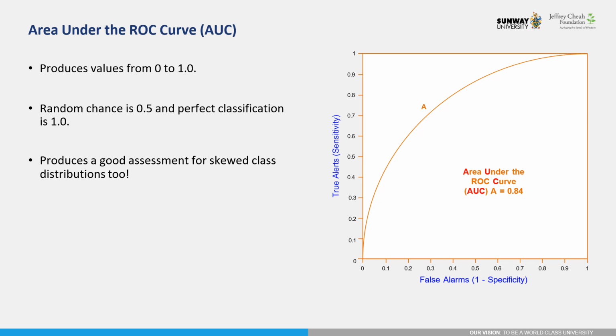Random chance is 0.5, and perfect classification is 1.0. This is obvious: high probability means close to 1.0, and random chance is 0.5, meaning a 50% chance of occurrence or not. Of course, we can then see whether it is skewed or normal.